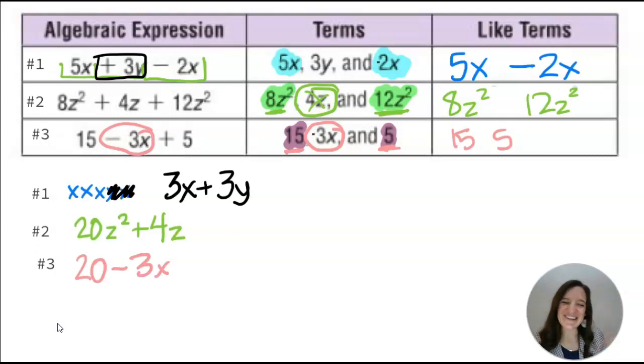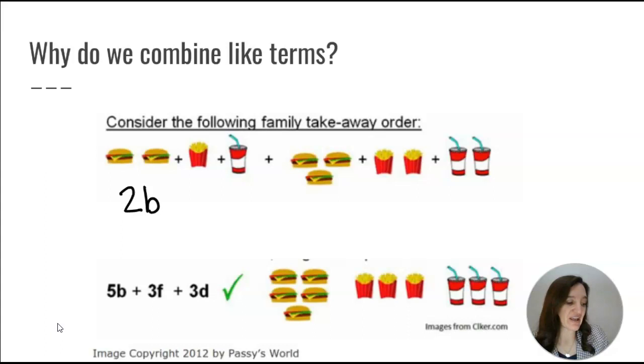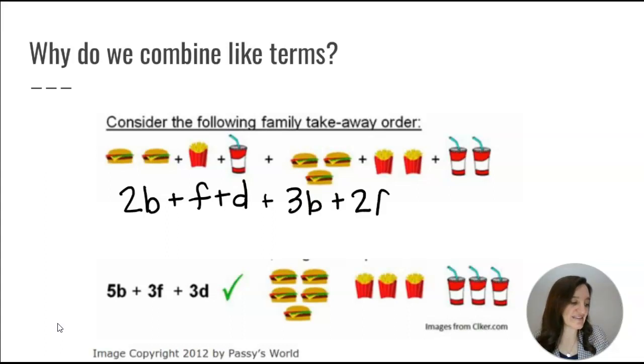How we feeling? Do some more? So actually, let's step back. Why do we care about combining like terms? Well, let's consider this family right here. They go to McDonald's, and the first kid orders 2 hamburgers and a fry and a drink. And the mom orders 3 hamburgers and 2 fries and 2 drinks.